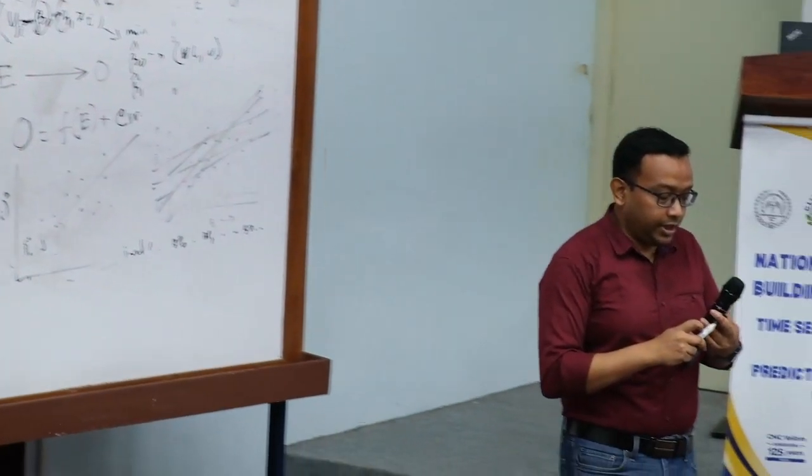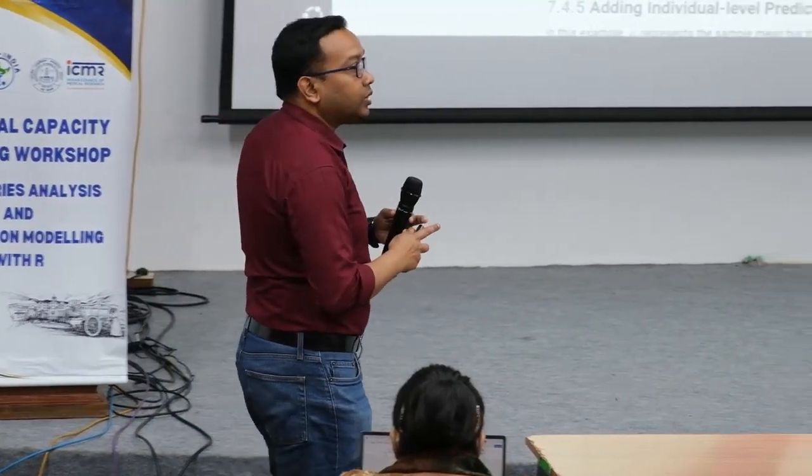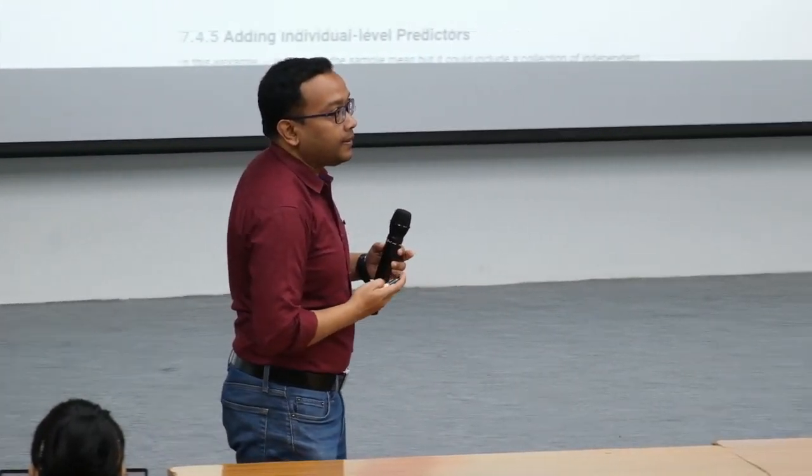So what was the independence assumption? What did it mean? If you have n observations, what does independence mean? One doesn't give information about the other, or one doesn't depend on the other.